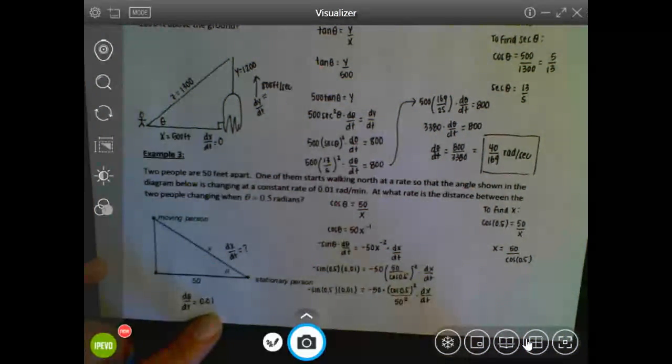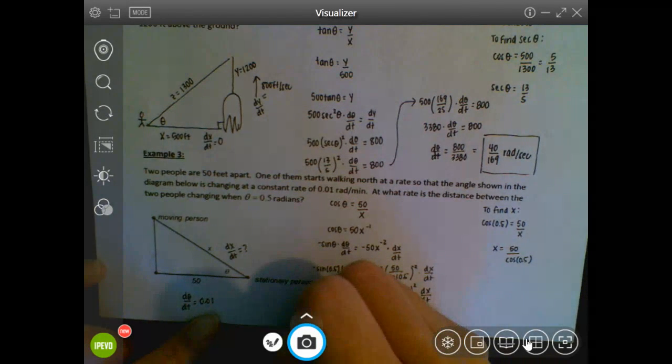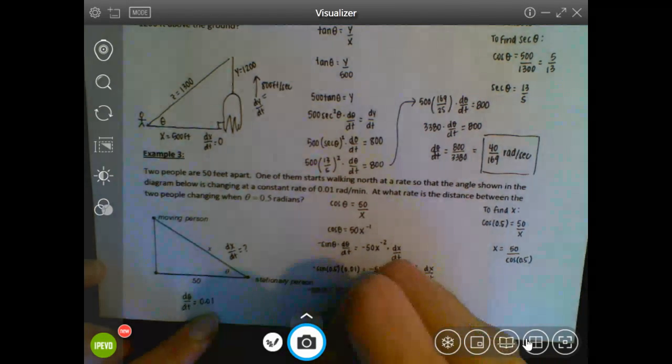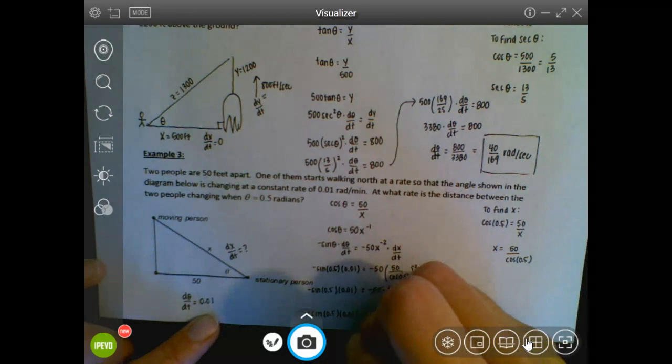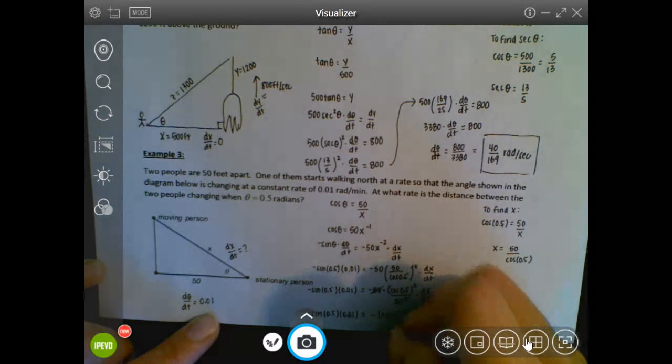And the reason that this ends up being nice is because then we can see that one of the 50s is actually going to cancel out in our numerator and the denominator. So we're left with negative sine of 0.5 times 0.01, and that's going to be equal to negative cosine of 0.5 squared over 50 times dx dt.